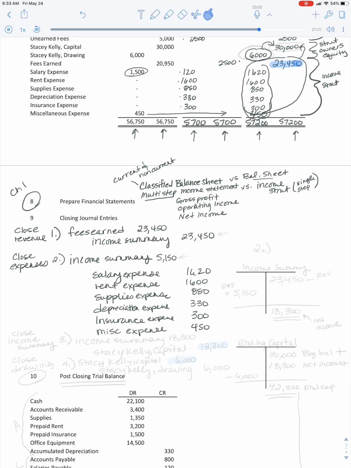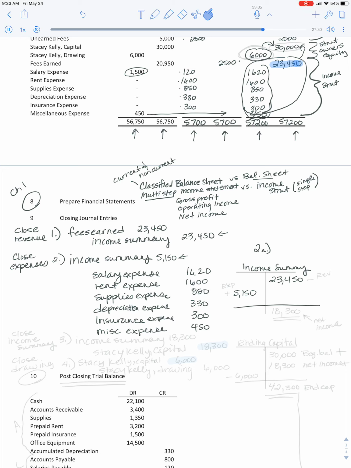Okay, so at this point we need to do like step 2A, which is figure out what is the total in my income summary account. So to do that, figure out how much we have in our income summary account right now. Let's do a T account. We credited it first for $23,450, and then we debited it again for next for $51.50.